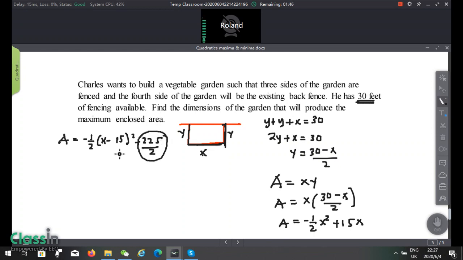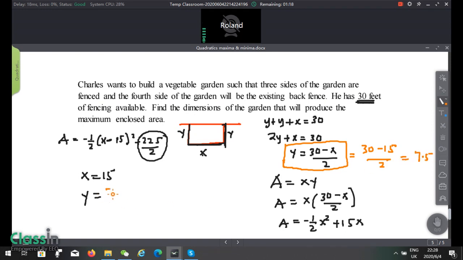And the maximum area occurs when x equals positive 15, because this is negative. So if x is positive 15, what will be y? Remember, y is 30 minus x over 2. So y will be 30 minus 15 over 2, and that is actually 15 over 2, or 7.5.